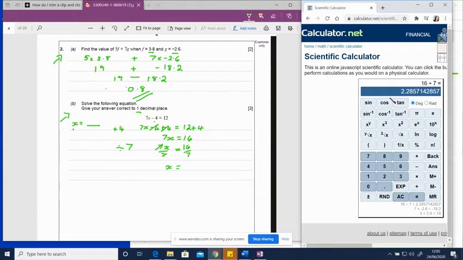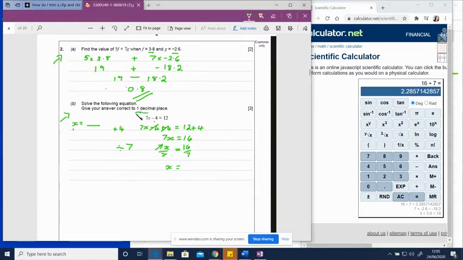But I do want my answer correct to 1 decimal place. So it's going to be 2.3, because the 8 that I'm getting rid of here means that I have to round that 2 up to 3. So the answer is going to be 2.3. And then I always put just correct to 1 decimal place.